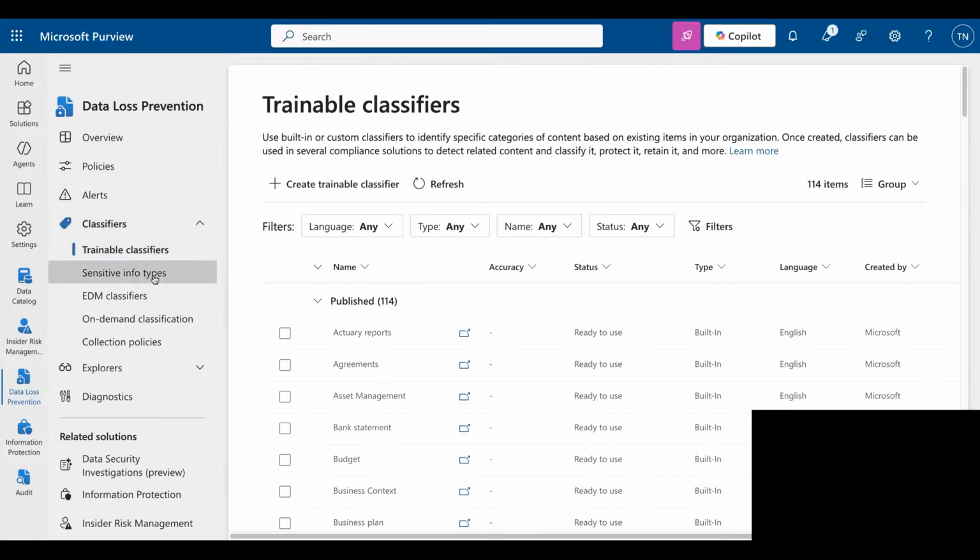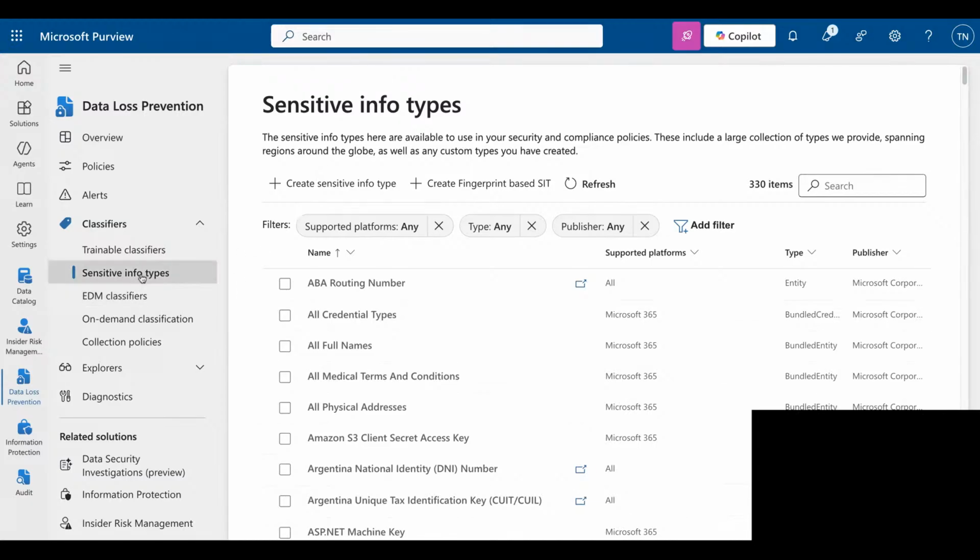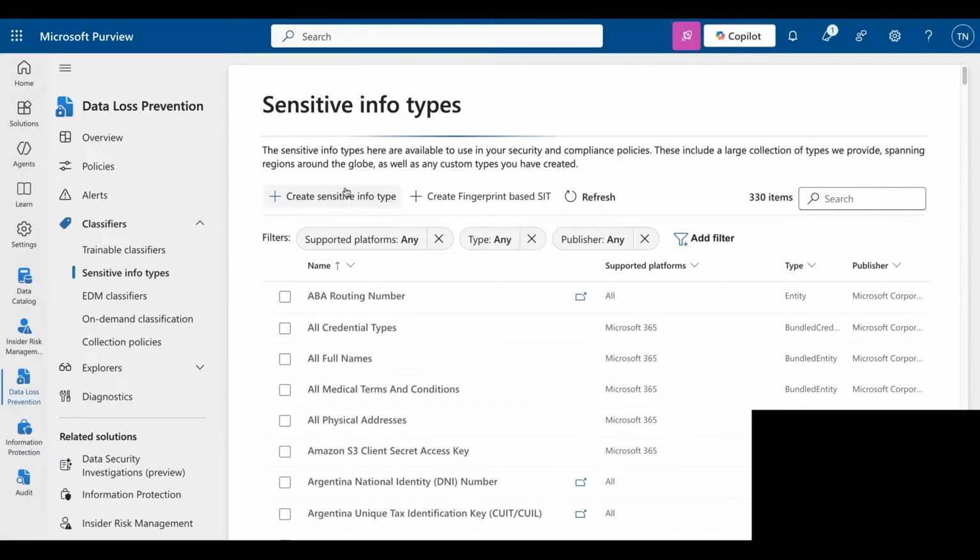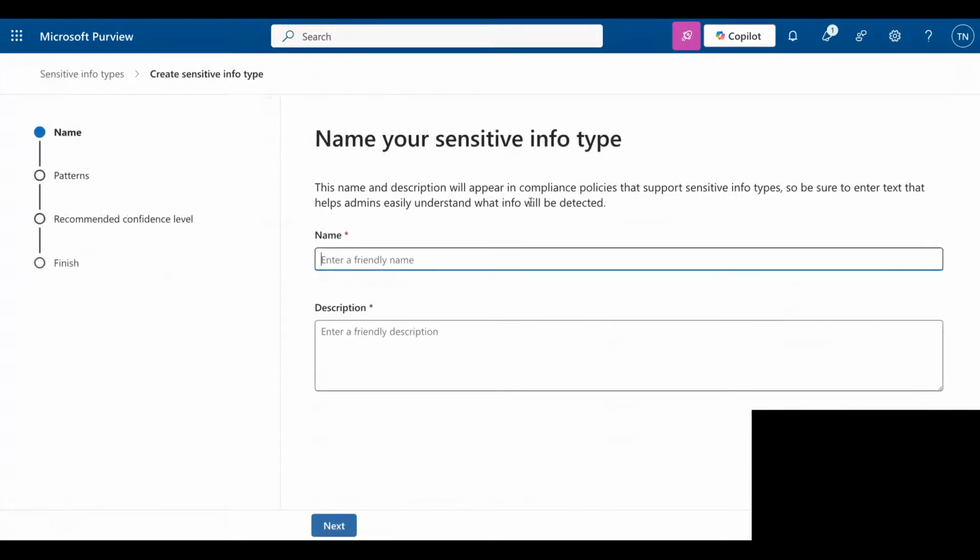Okay, let's try and create a sensitive info type. Okay, you see there's another option here. It says create fingerprint based. Let me go back.